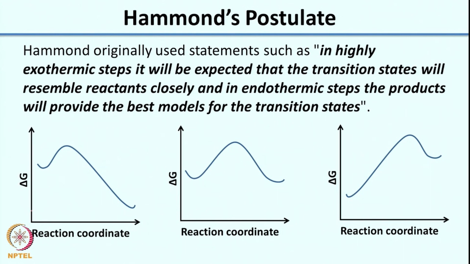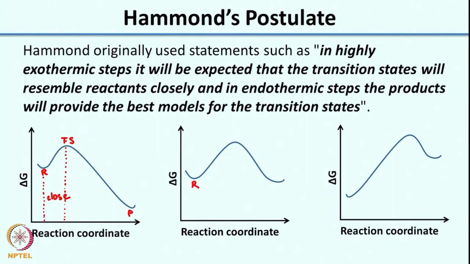Now, what it tells you is that if you have a reactant and a product and you have a high energy reactant here, the transition state will resemble the reactant more. So, in terms of the x axis, what you can see is that it is closer to the reactant.